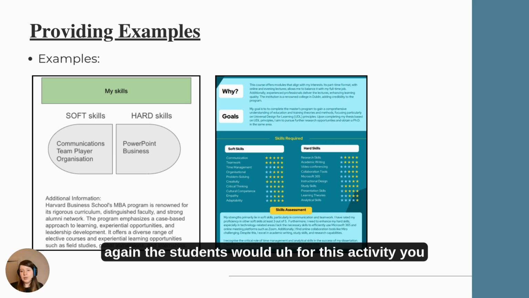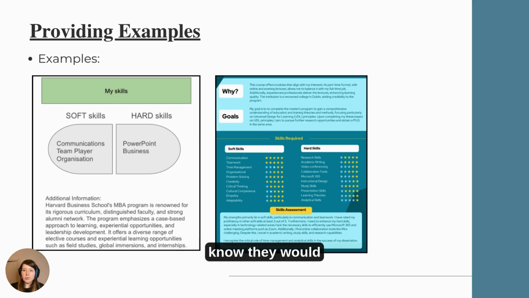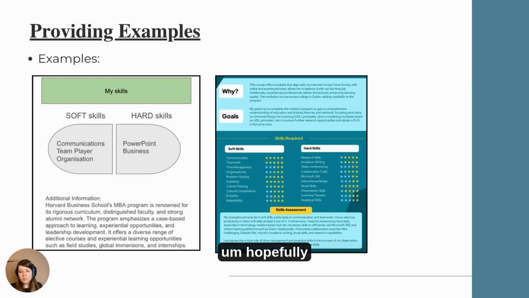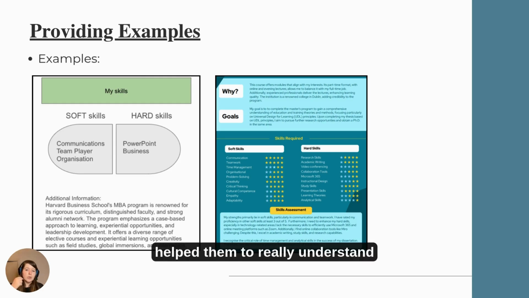So for this activity, the students would talk and discuss. And I think presenting the two side by side made it really clear for the students, and hopefully helped them to really understand what they needed to do.